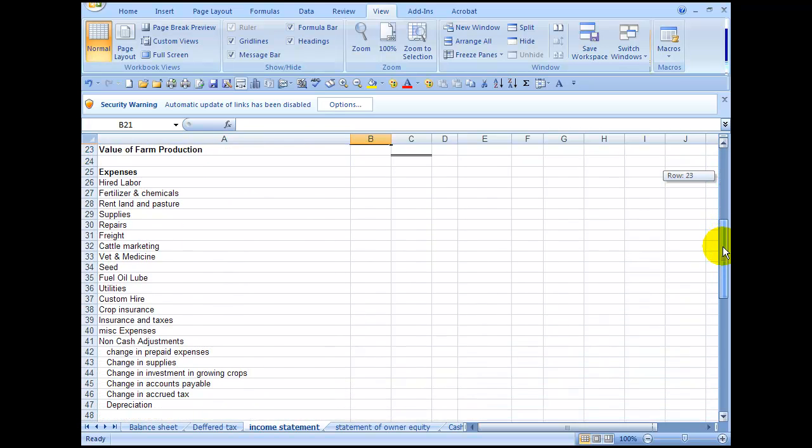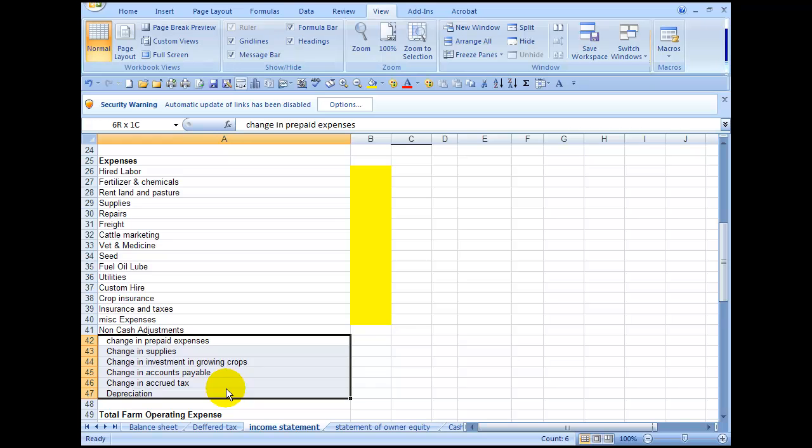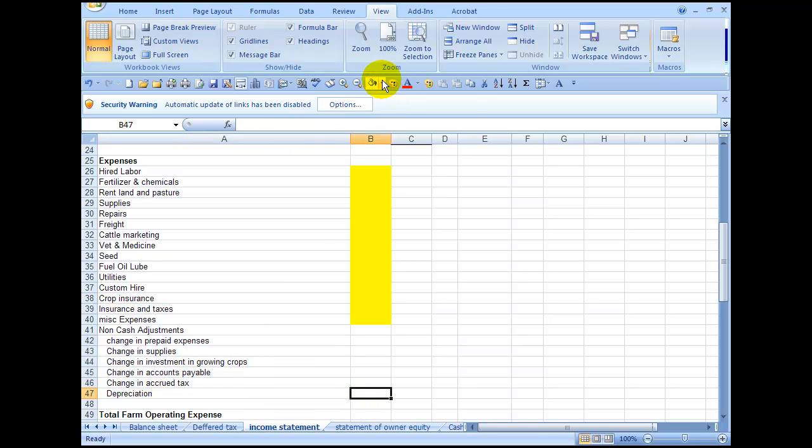Then down here in the expense section, it's really pretty easy because all of these first things up through miscellaneous expenses are different cash expenses, so it's yellow. Then we have all of our formulas, the accrual adjustments. Depreciation's a little special.